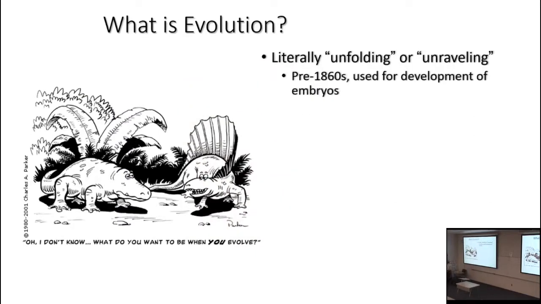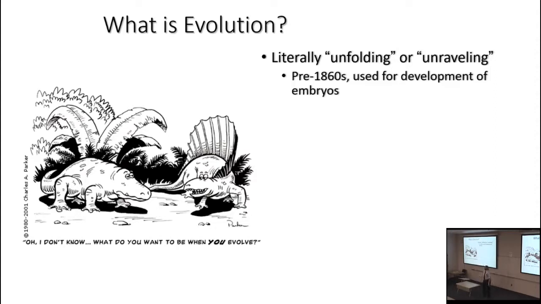Well, the word literally means unfolding or unraveling. So to revolve is to go around. To involve technically is to spiral inward. And so we use that. We involve someone, we pull them in, we spiral them in. And evolve is the opposite, to spiral outward. Prior to about the 1860s, in biology, when they talked about evolution, they didn't talk about species transformation through time.